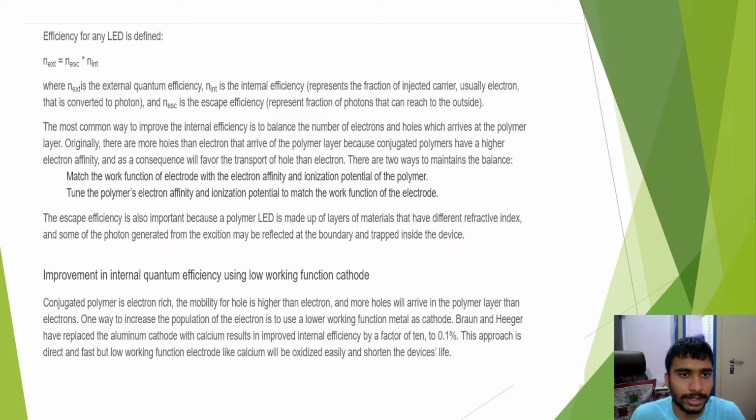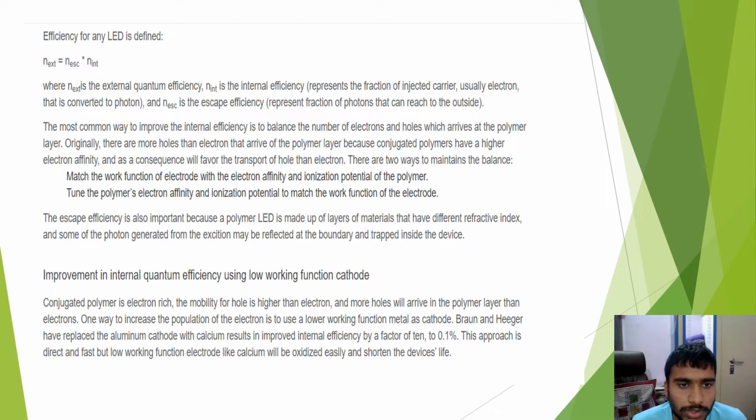Efficiency for any LED is defined as eta external equals eta esc times eta int, where eta ext is the external quantum efficiency, eta int is the internal efficiency, representing the fraction of injected carriers, usually electrons, that is converted to photons, and eta esc is the escape efficiency, representing the fraction of photons that can reach the outside.